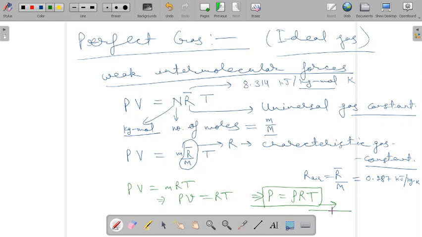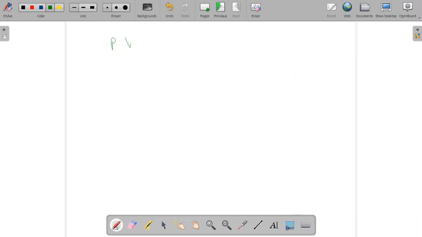Okay. Then another interesting point is, if I take the original equation in terms of number of moles, PV equal to n R bar T, and now divide this equation by volume, then what will I get? P equal to N by V R bar T. What is N by V? The number of moles of a gas per unit volume.